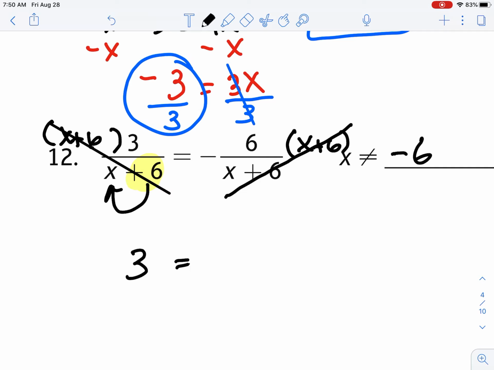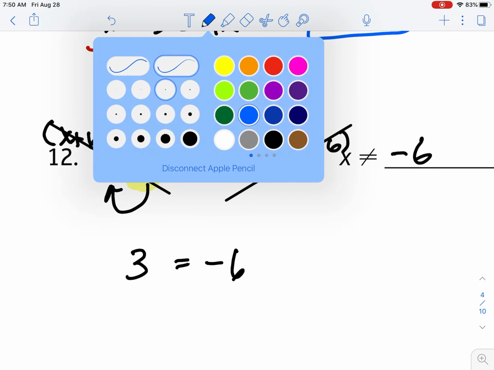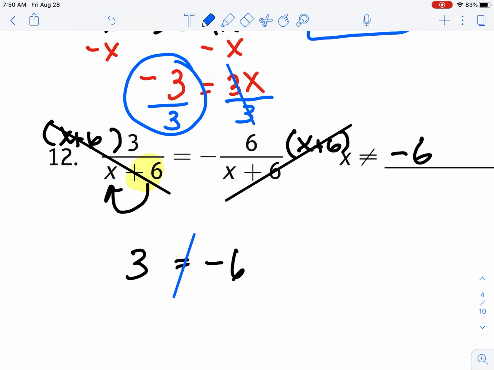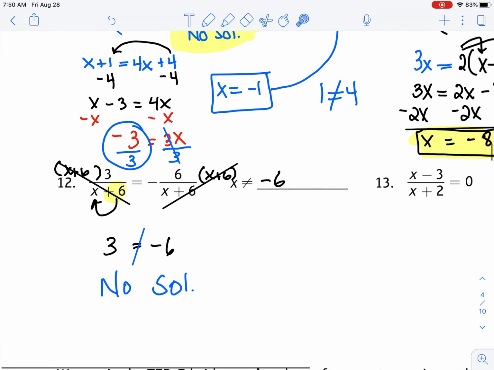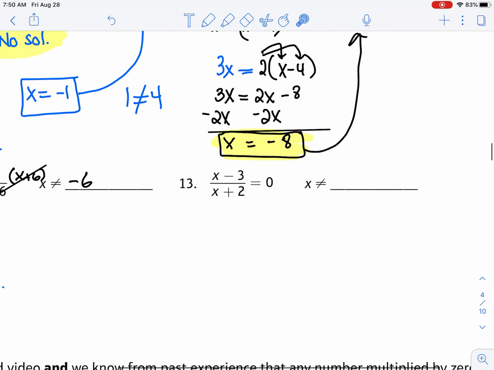And then you're left with 3 over here. These cancel out to give you 1. And then we get a negative 6. So with that, 3 does not equal negative 6, and there is no solution. And we're going to remember, guys, whenever you have the same denominators but different numerators, even if it's a negative 6 equals 3, they're never going to be the same, so there's no solution.